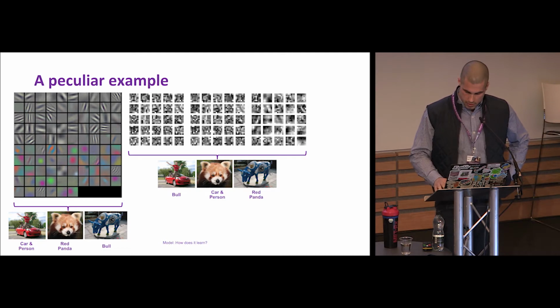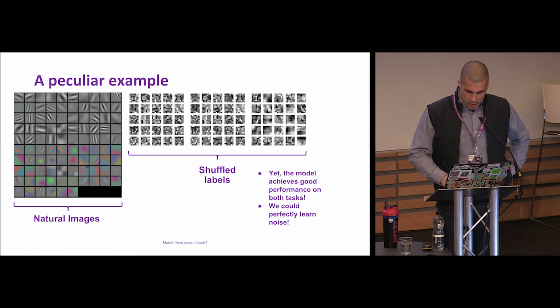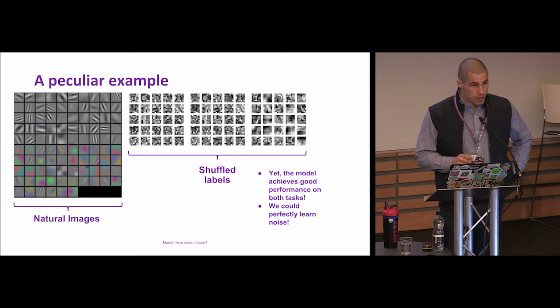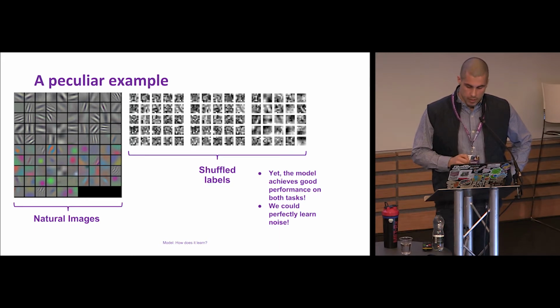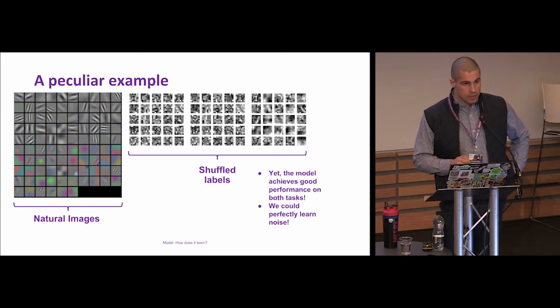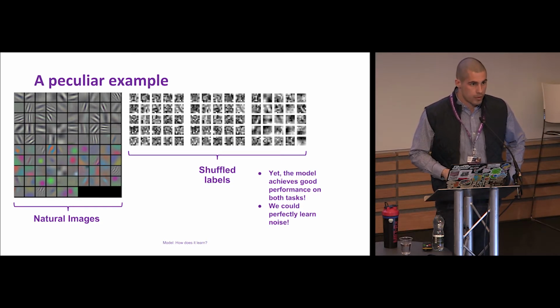They're just noise. And while we're learning on this noisy data set of shuffled labels, the model still achieves perfect performance on the training data. It is perfectly able to classify absolute noise. So it means we could perfectly learn the noise or perfectly memorize the data with our deep neural network.